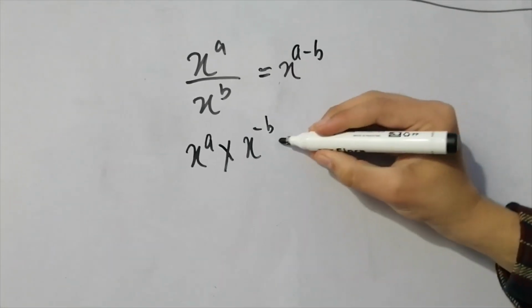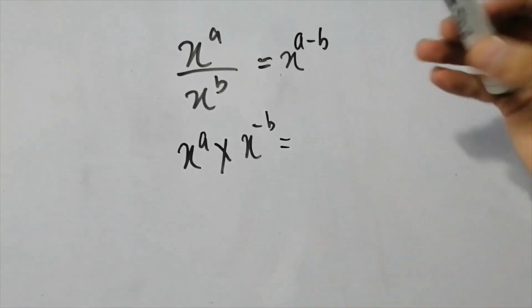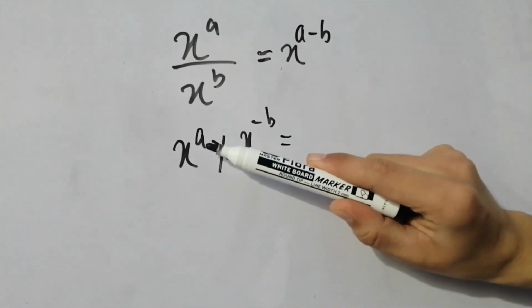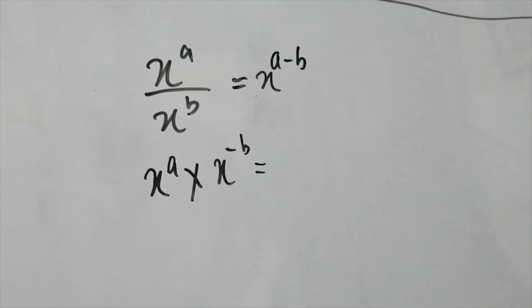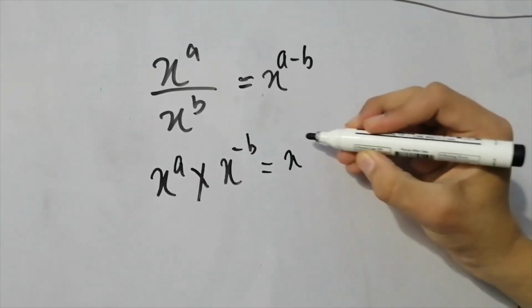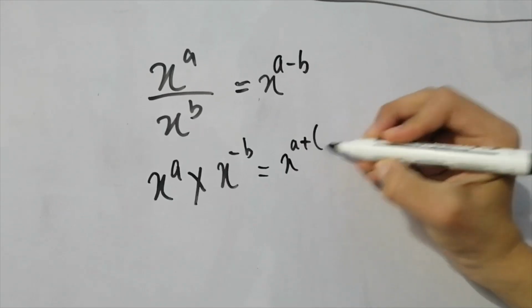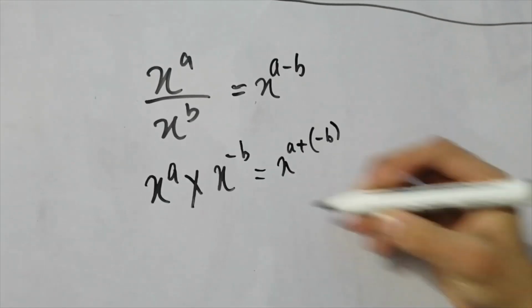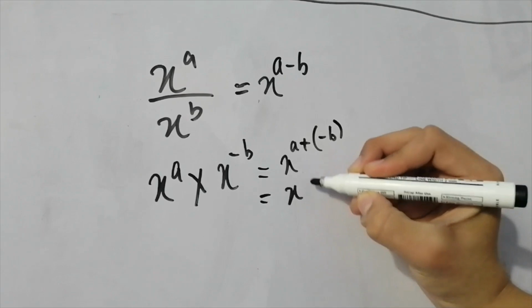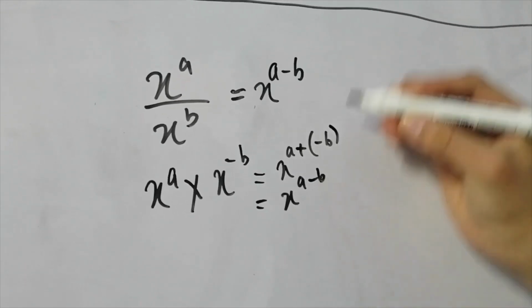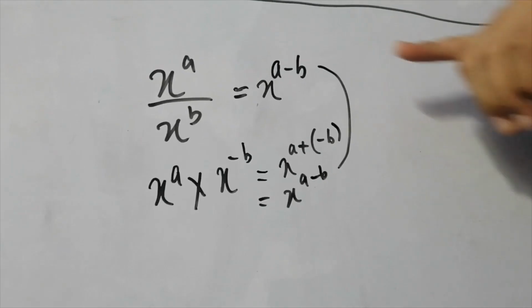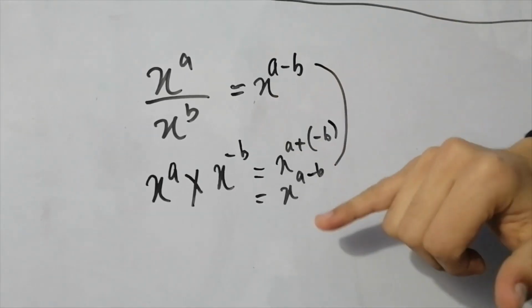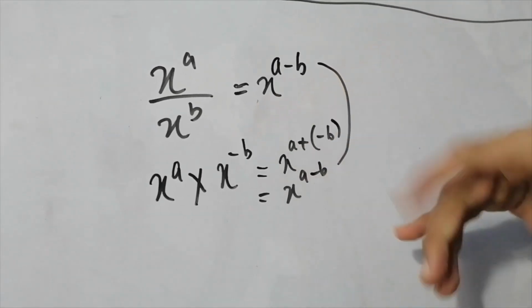And as we learned in the multiplication rule, this power will be added with this power, since it's multiplying and the base number is the same. So this will become a plus bracket minus b. Hence it becomes x power a minus b, which is the same as the previous answer. So we proved the rule using a different method.